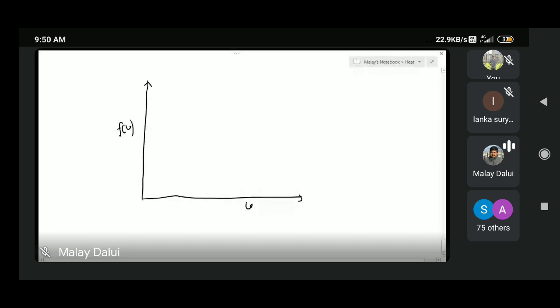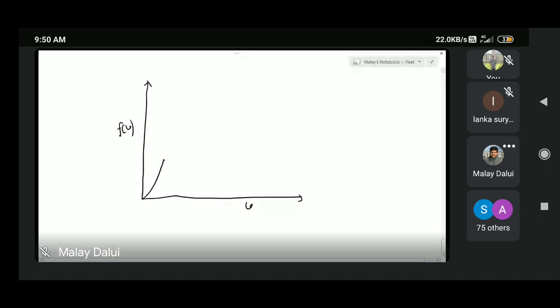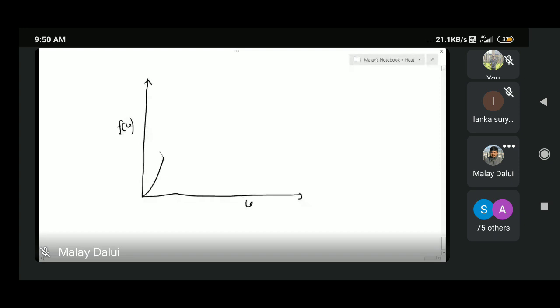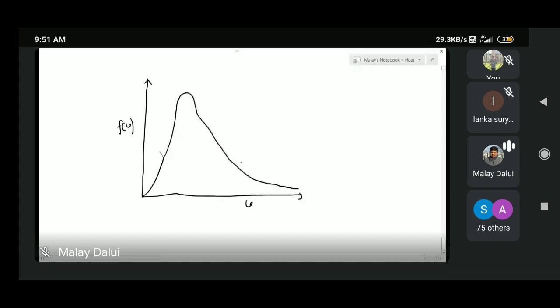Then as v increases, the exponential term starts dominating, it attains the maximum, and then asymptotically goes to 0. This is how the distribution looks.